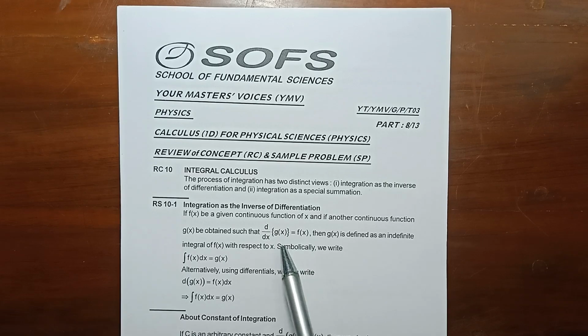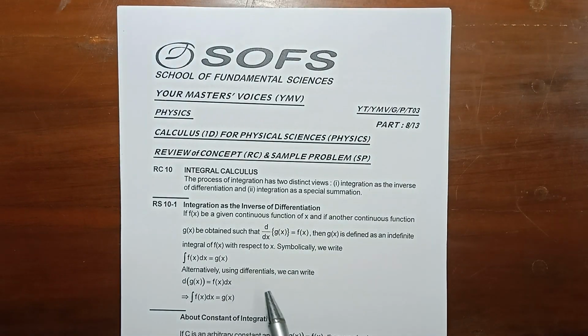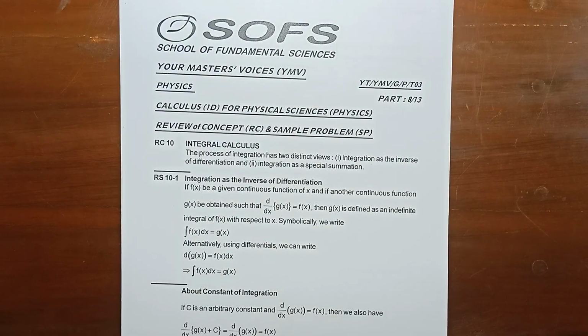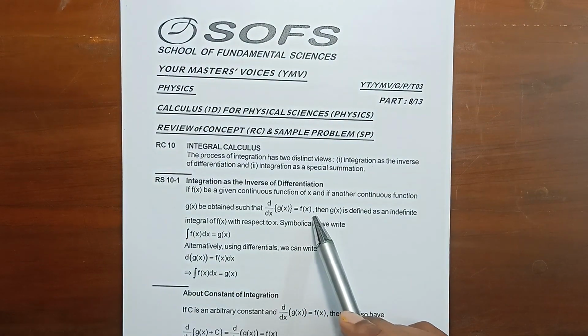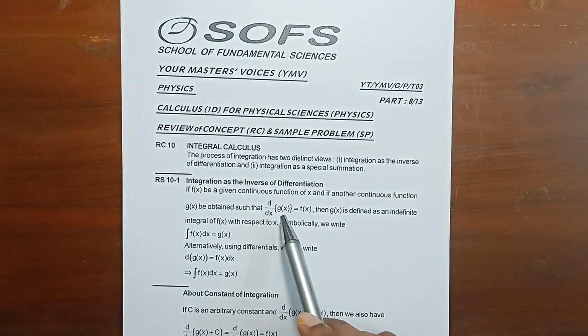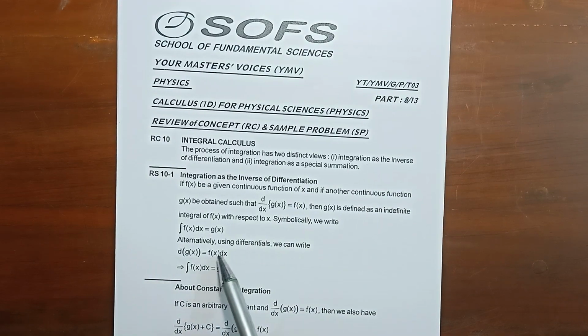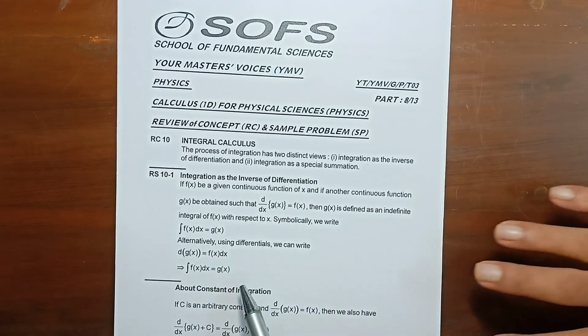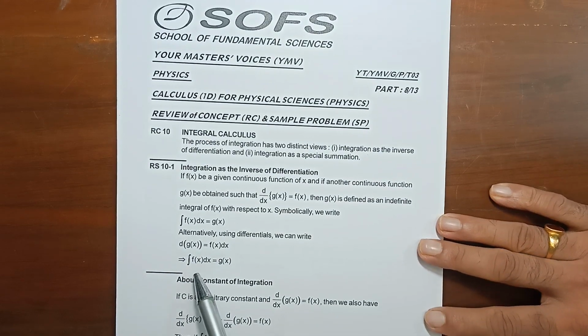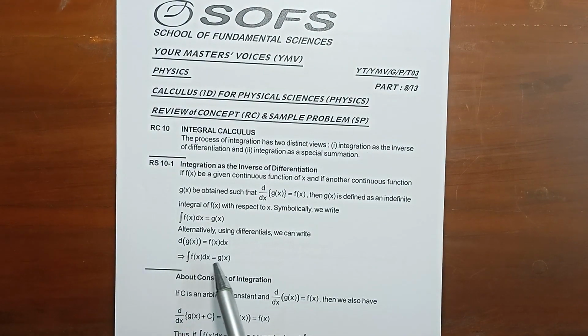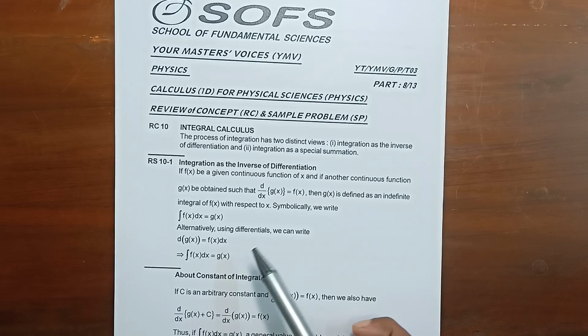So integration of f(x) dx equals g(x). How to remember this? Now d/dx of g(x) equals f(x). Now this implies what? d g(x) equals f(x) dx. If we integrate both sides, what will happen? Integration of f(x) dx equals integration of d g(x). You see our standard result, integration of d g(x) equals g(x). So it is a definition.